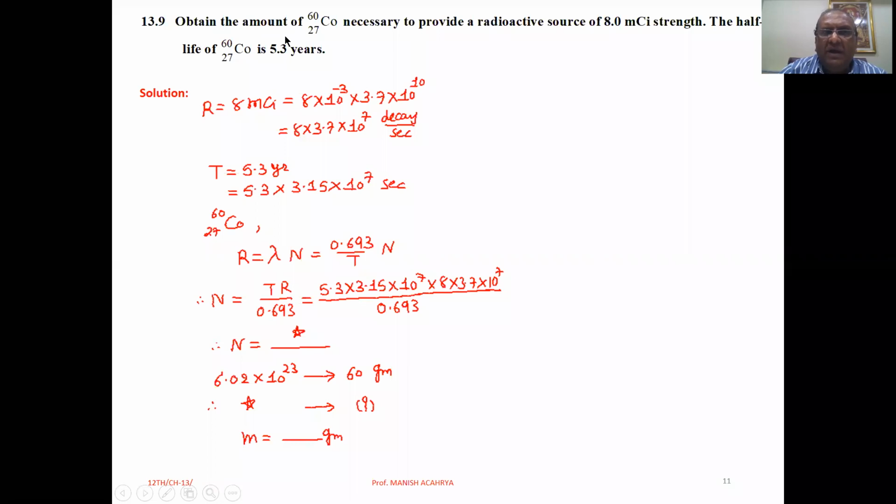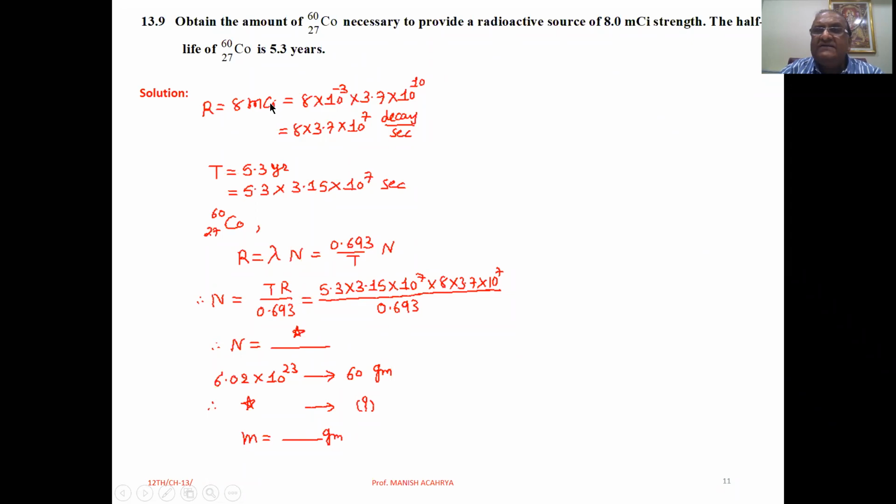13.9. Obtain the amount of 27 Co60 necessary to provide a radioactive source of 8 millicurie strength. The half-life of 27 Co60 is 5.3 years. So the activity is 8 millicurie, that is 8 into 10 raised to minus 3 curie.